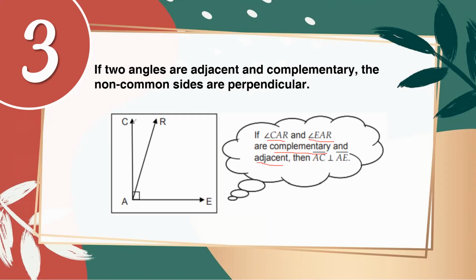Angle CAR and angle EAR are complementary because when we add them together, the sum is 90 degrees, or they form a right angle.